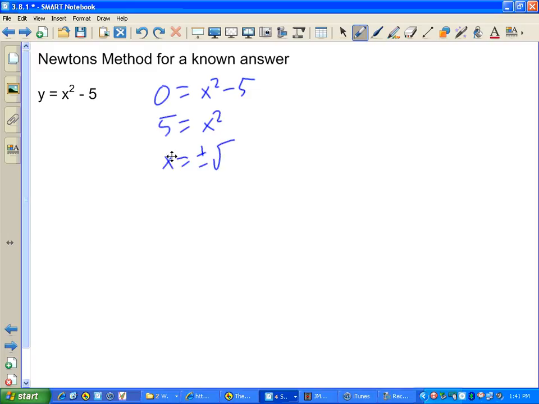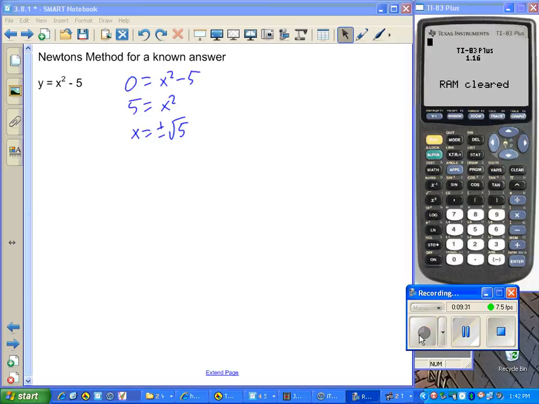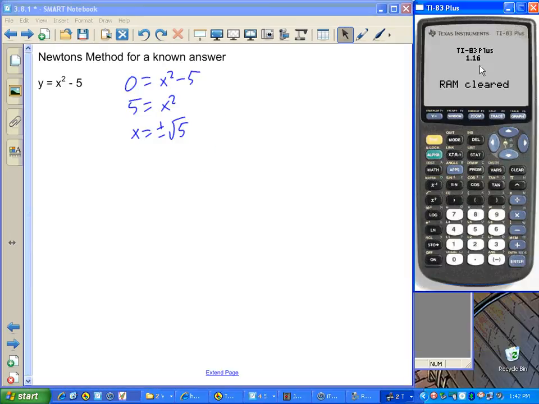So x equals plus or minus the square root of 5. So if I just type that in my calculator to get a decimal value out, okay, I'm going to get plus or minus, I'm going to write down all these decimals.